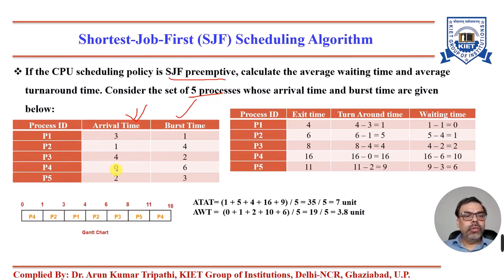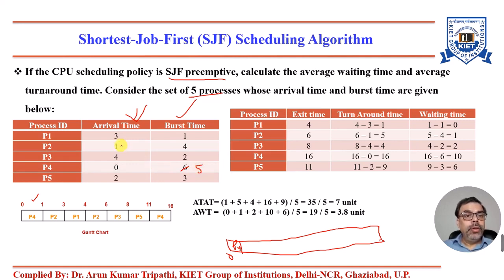At time 0, there is only one process, that is P4. So the processor will be allocated to P4. I can show you by drawing, that will be better. So firstly, at time 0, the processor is allocated to process P4. Now after 1 second, a new process arrives in the ready queue. So after completion of 1 second, the remaining burst time will be 5.